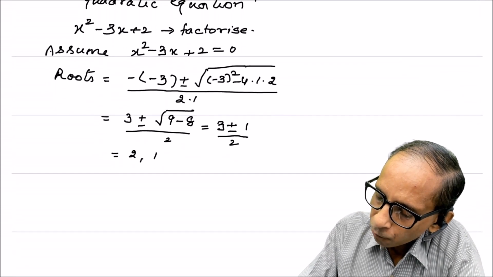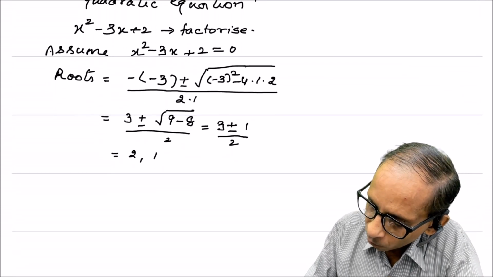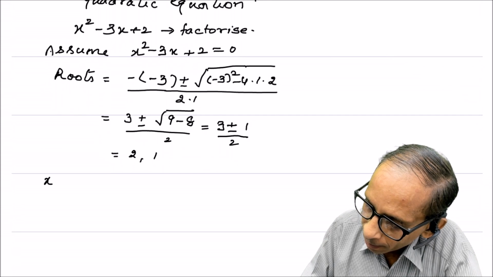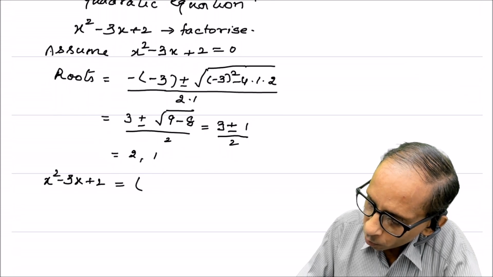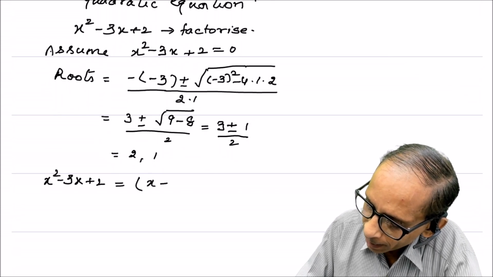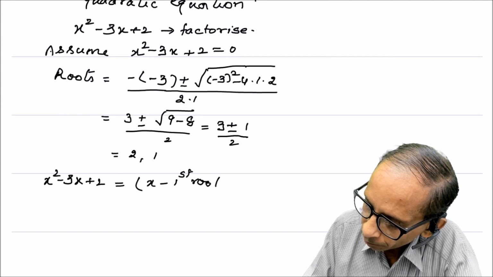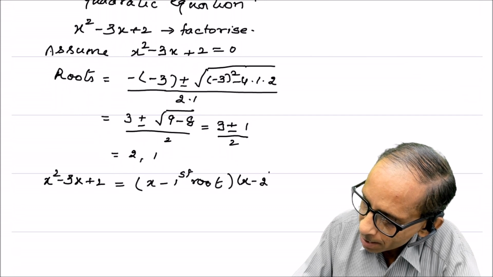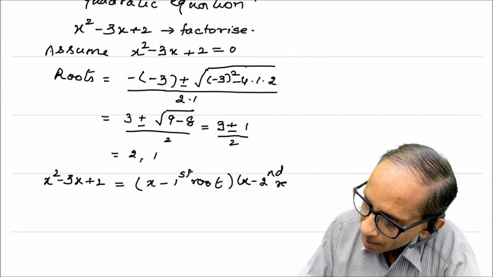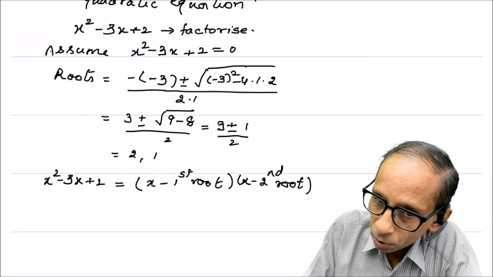So once we have found the roots, then what we say is that this particular quadratic, which had roots 1 and 2, we write it as x minus first root into x minus the second root.